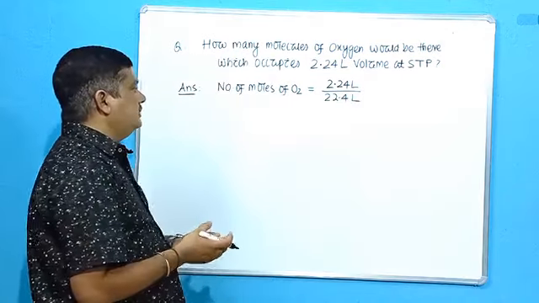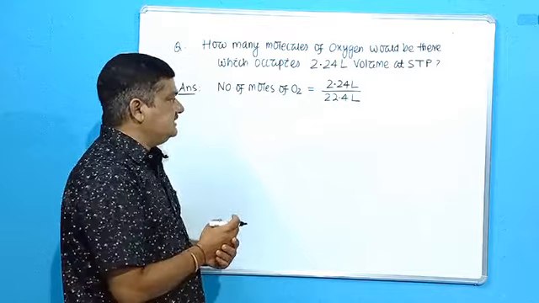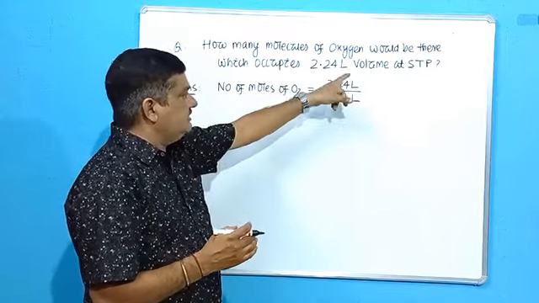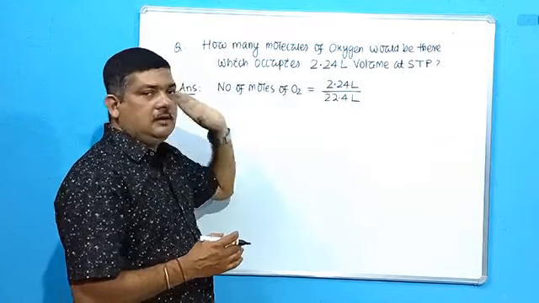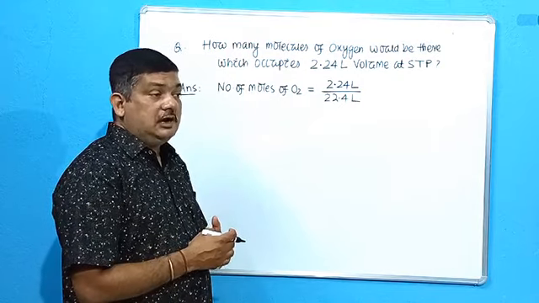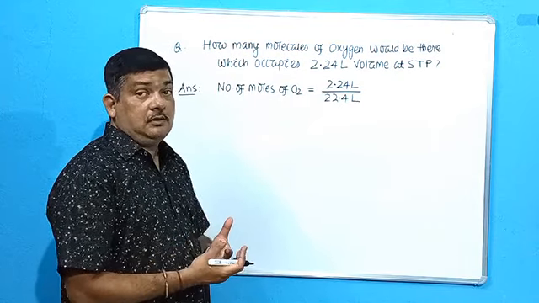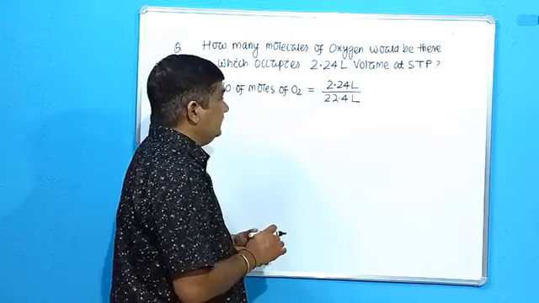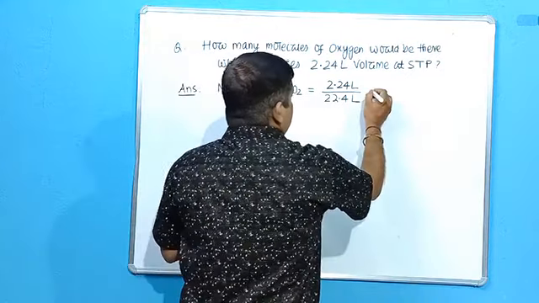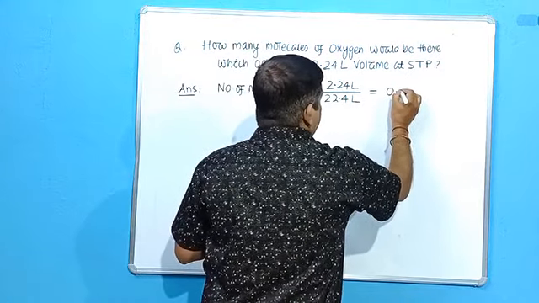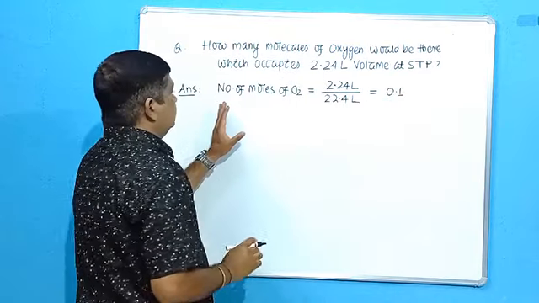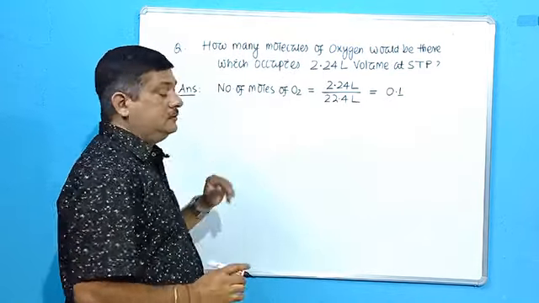Molar volume means volume occupied by 1 mole of gas at standard temperature and pressure. So it will be 0.1. So number of moles of oxygen is 0.1.